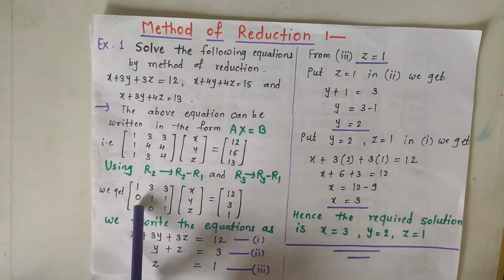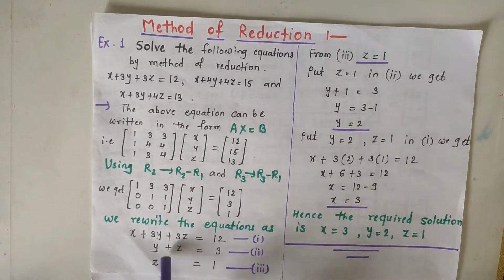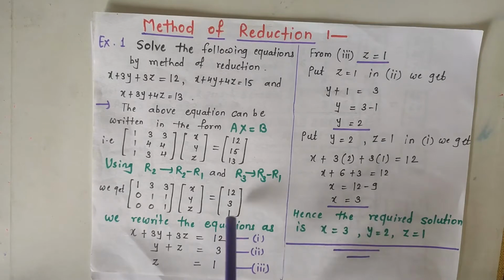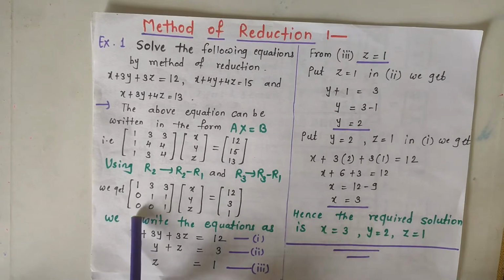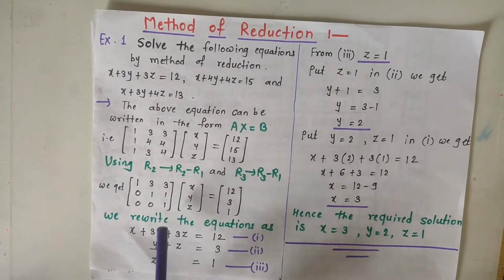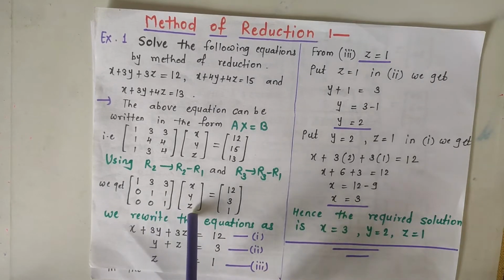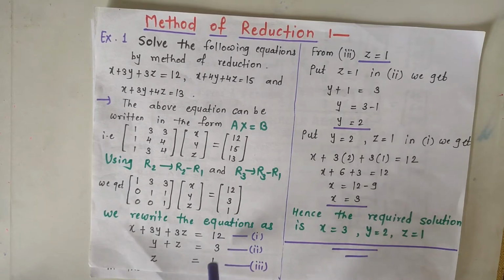Now for the second row, 0 into x plus 1 into y plus 1 into z is equal to the second row element 3, called equation 2. Now for the third row, 0 into x plus 0 into y plus 1 into z is equal to the third row element 1, called equation 3.